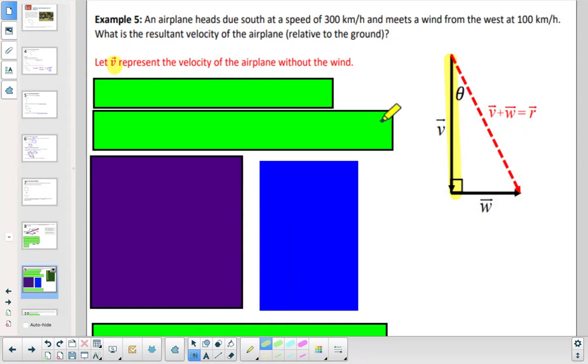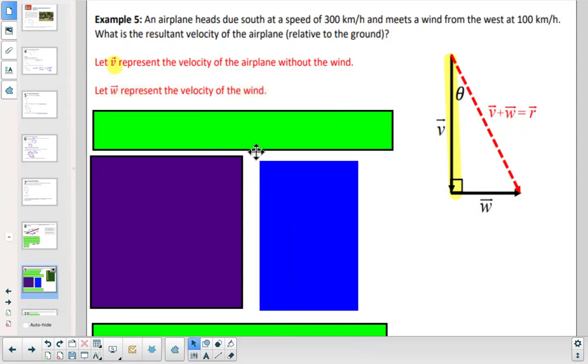Okay, the airplane without the wind would just continue to travel south. However, the wind is pushing that plane from the west, right? So let w represent the velocity of the wind. The wind is pushing that airplane from the west.